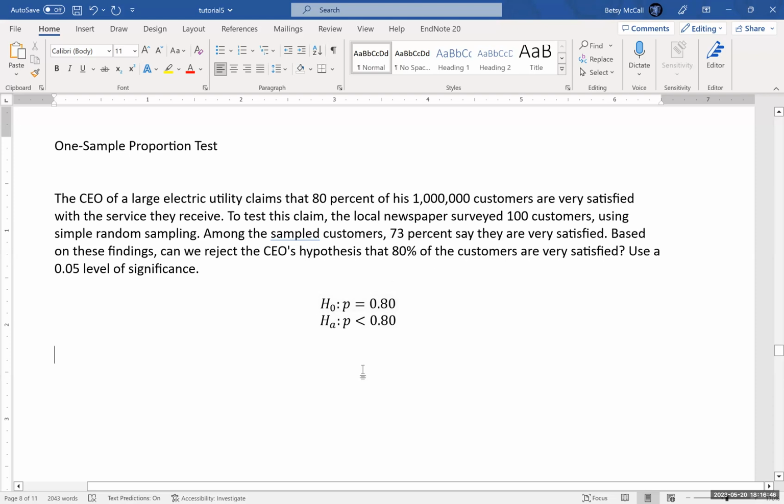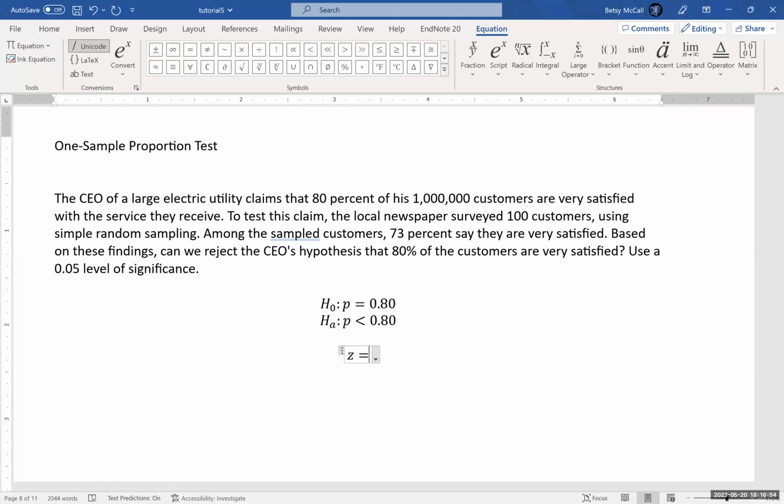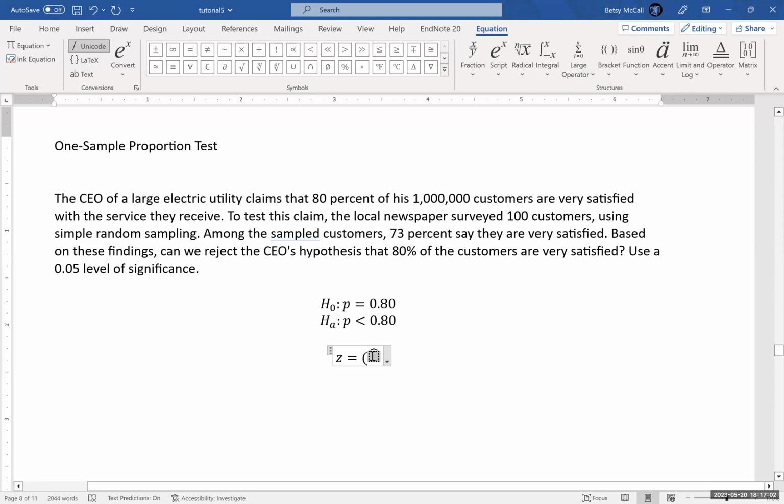All right, so now that we have our null and alternative hypotheses stated, we need to calculate a test statistic. The test statistic for the proportion test is going to be the sample proportion minus the null hypothesis proportion, divided by the standard error.